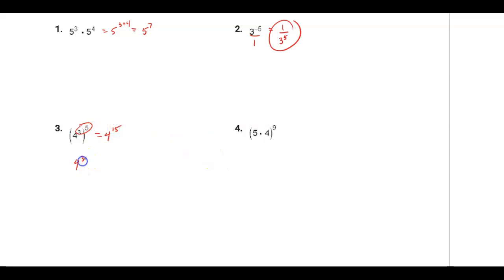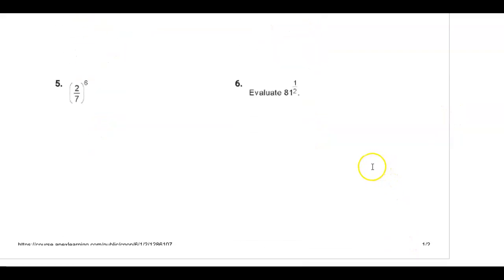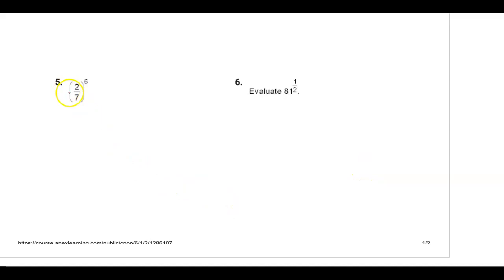So that's 4 to the 3 times 5, which is 4 to the 15th. Number 4 would be 5 to the 9th times 4 to the 9th, and because that would be a really big number, just keep it as that. And 2 over 7, to the 6th power, would be 2 to the 6th over 7 to the 6th.